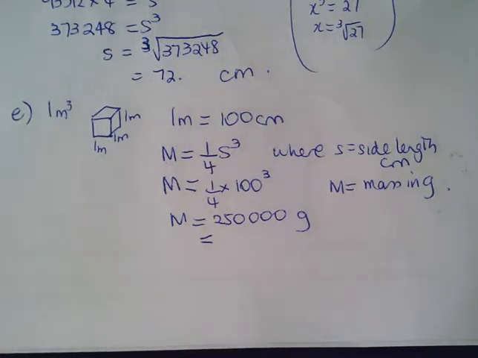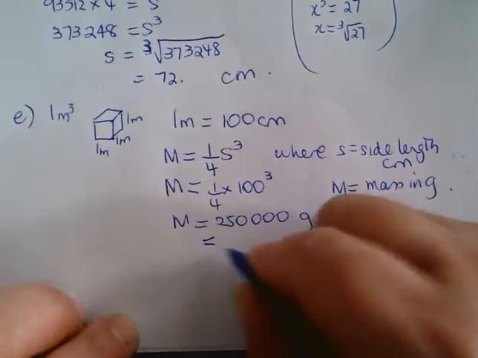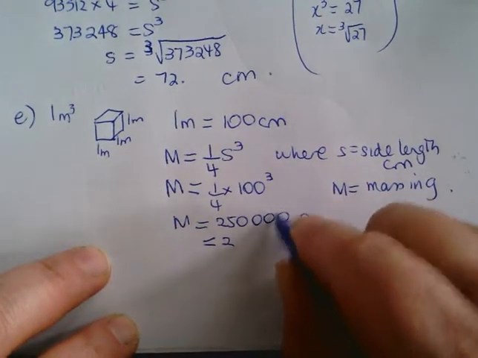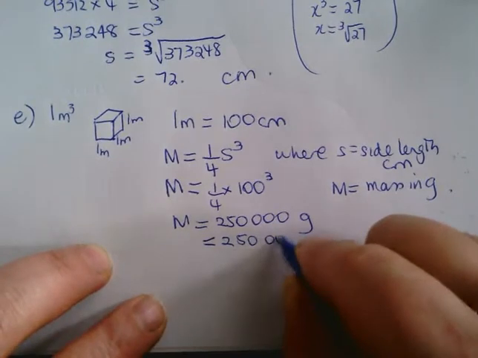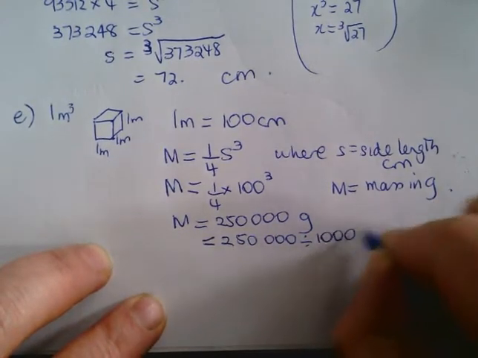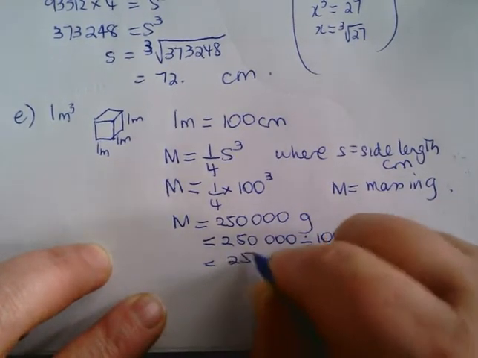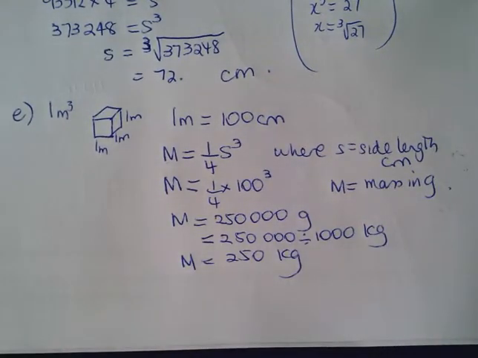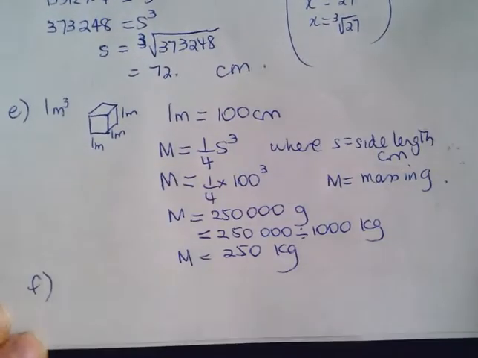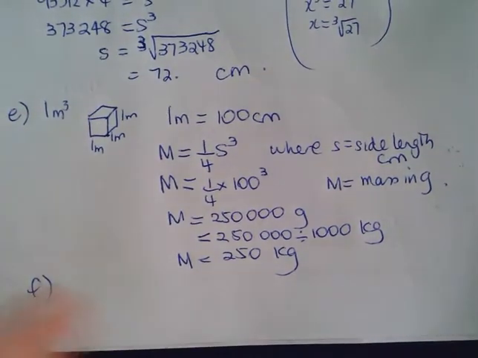It's like a big cage. Now, what's that in kilograms? You divide by 1,000, which is 250 kilograms. So, the last question is, can a person lift a cubic meter of cork?